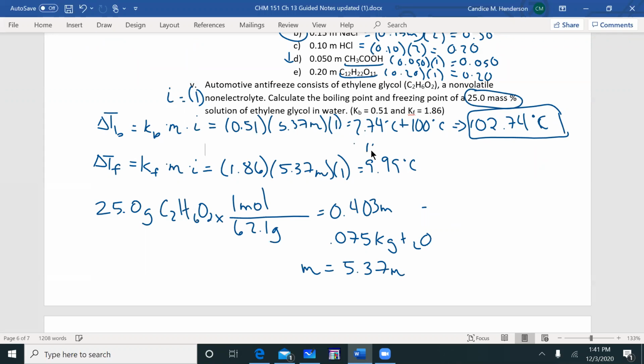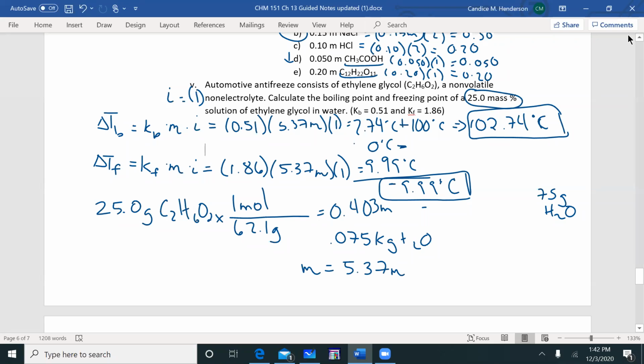So here we take our 0 degrees C and subtract the 9.99 degrees Celsius, which gives us a total of negative 9.99 degrees C. So our boiling point went up to 102.74. Our freezing point went down to negative 9.99 degrees C.